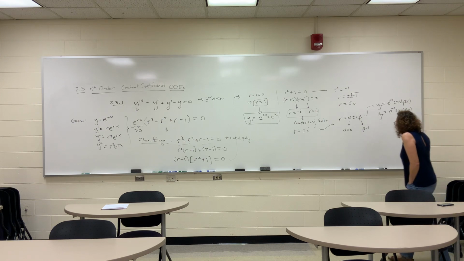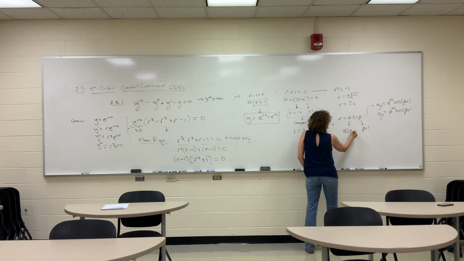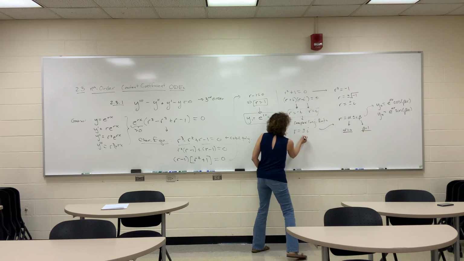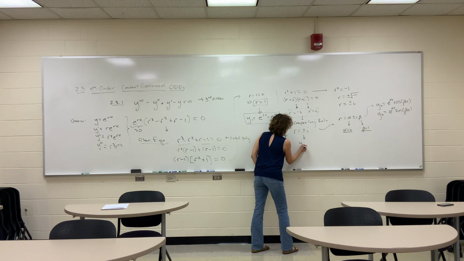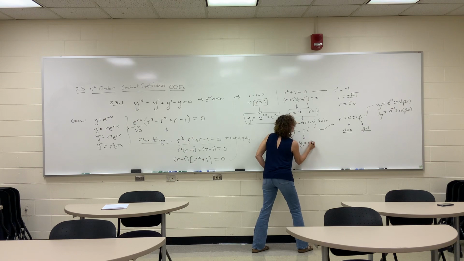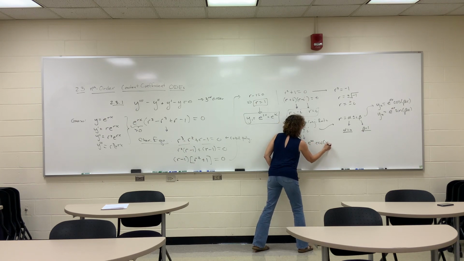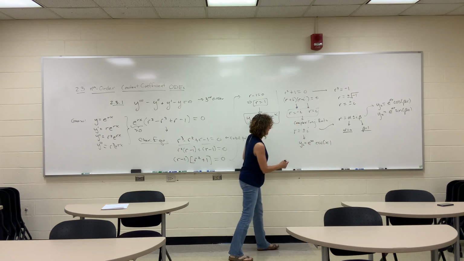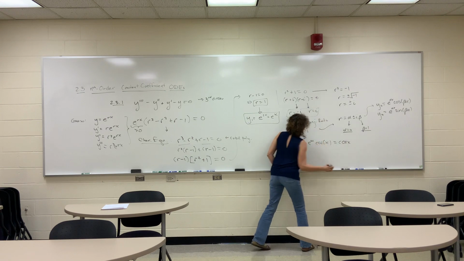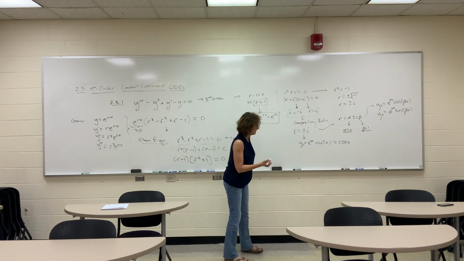So what is alpha for our problem? Alpha is 0 and beta is 1, right? So therefore, this gives rise to a solution, y2, is equal to e to the 0x, cosine of x, because beta is 1. Alpha is 0, so the e to the 0x is just 1, right? Cosine x.